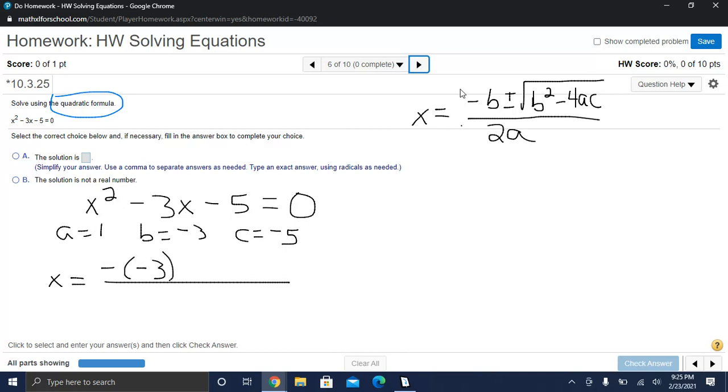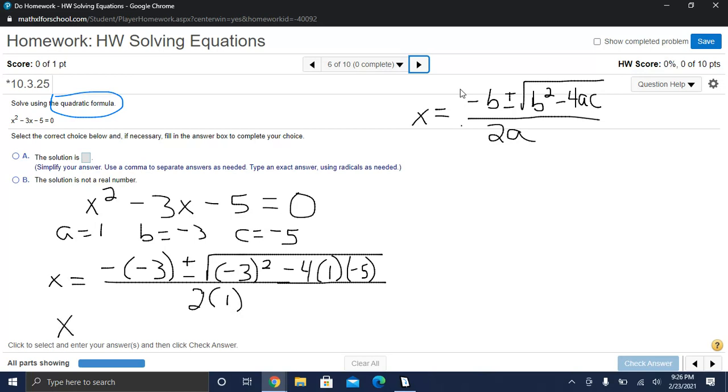So it's the negative of negative 3 plus or minus, then my giant square root. The b is in parentheses, negative 3 squared minus 4 times my a, which is 1, times my c, which is negative 5, and then my denominator, which is 2a, or 2 times the 1.